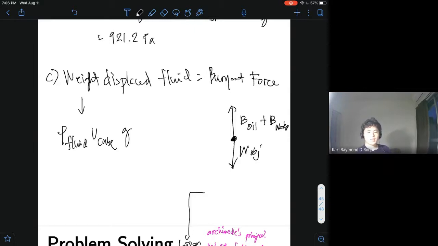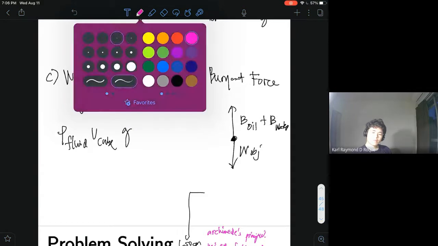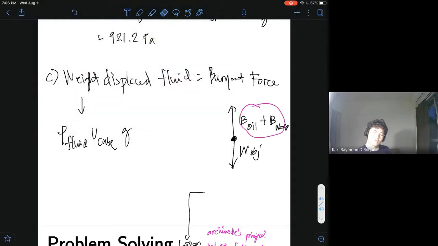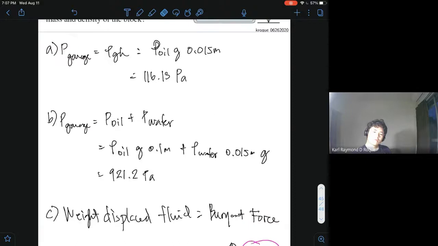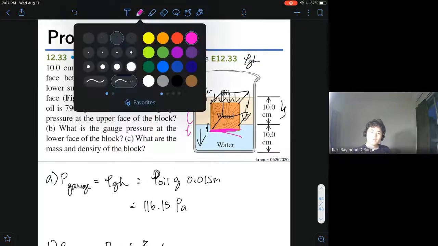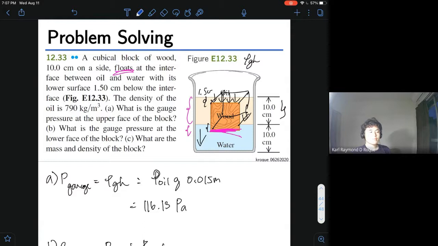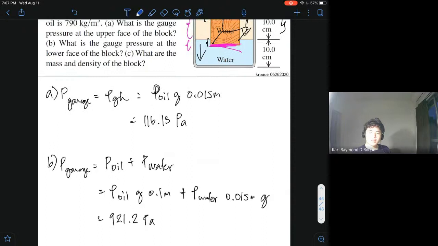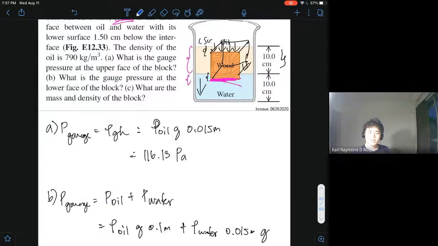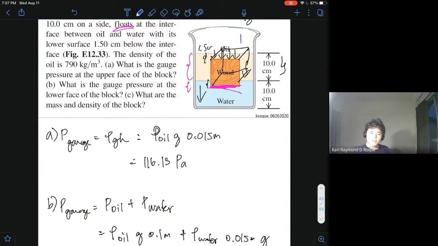Pero guys, actually, merong shortcut dito. Do you know how? Itong water, ano siya? Itong oil, nag-exert siya ng force pababa. Itong water, mas magandang tignan, like, from the top, merong force.